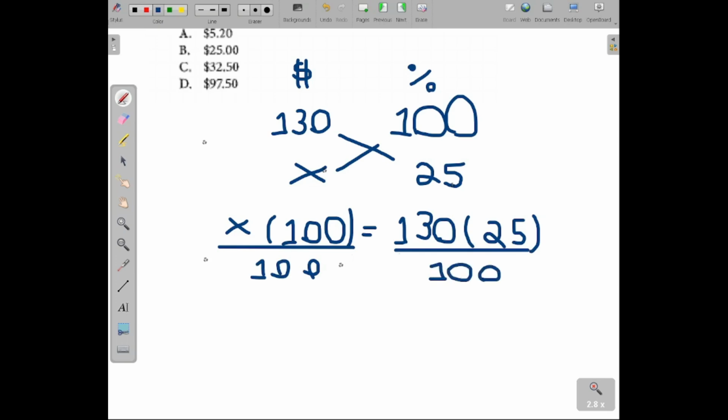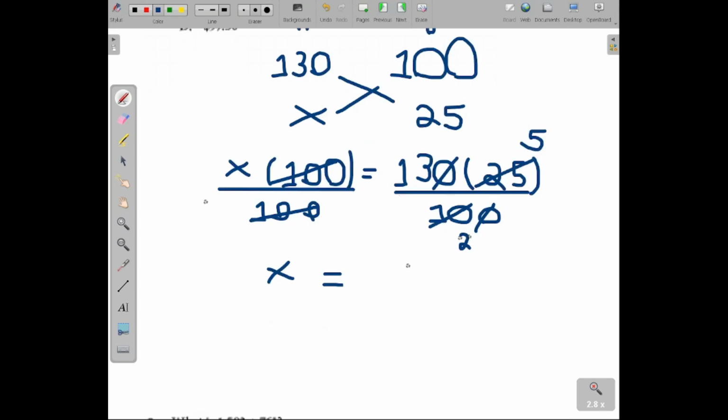We divide the two terms by 100. Here we'll get 1 times x is equal to x, equal to, and here we can simplify the 10 and 25. They are multiples of 5, so 5 times 2 is equal to 10, 5 times 5 is equal to 25.